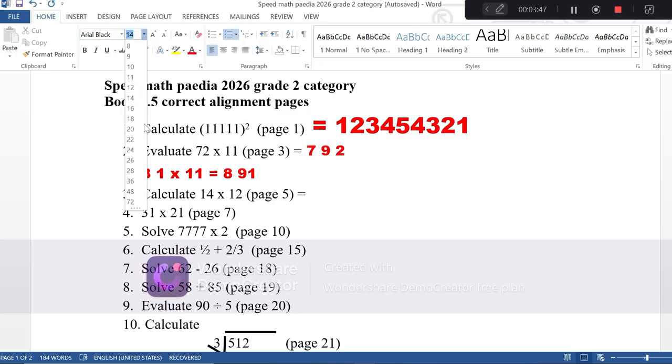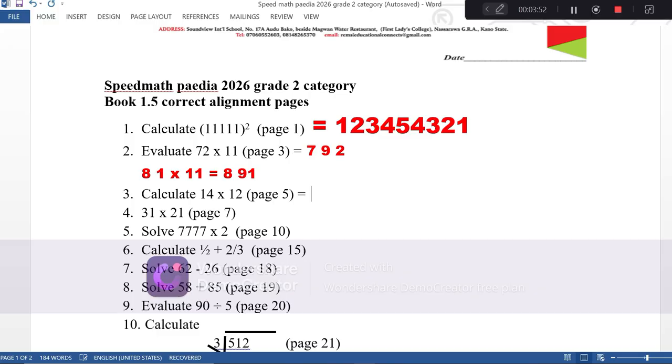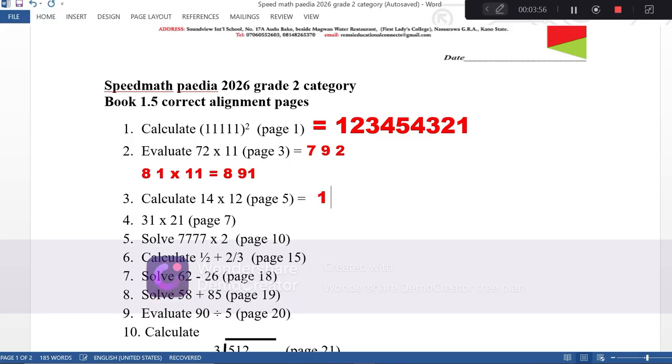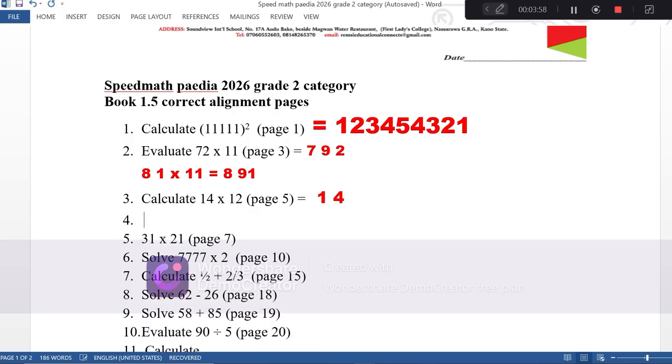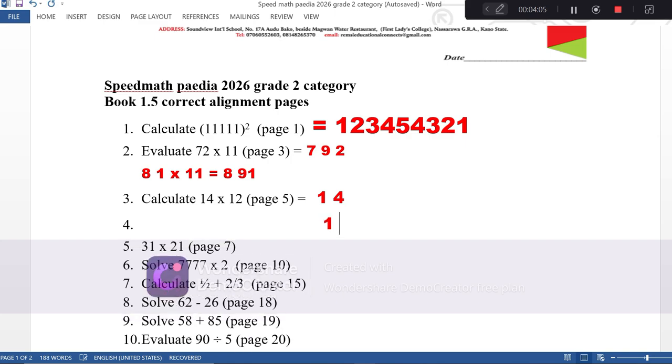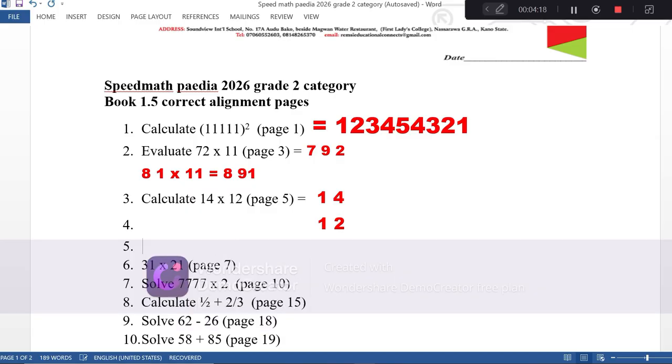For example, I'm trying to highlight this for you. Now you can rearrange the situation to be 1 4 times 1 2, in their head. They are going to arrange it like that in their head. What they have to do here is 4 times 2.